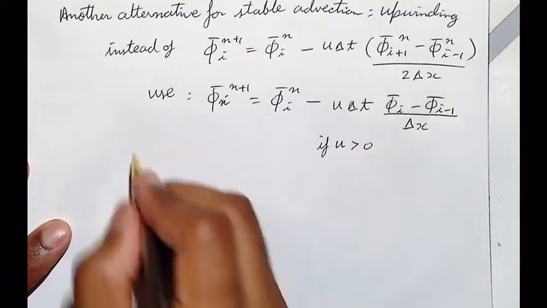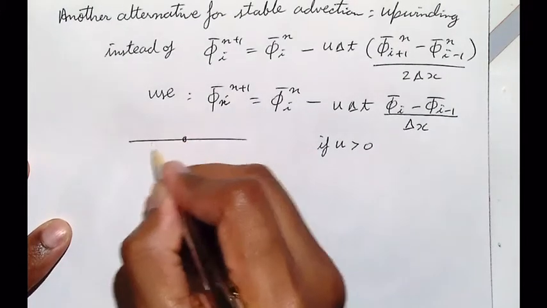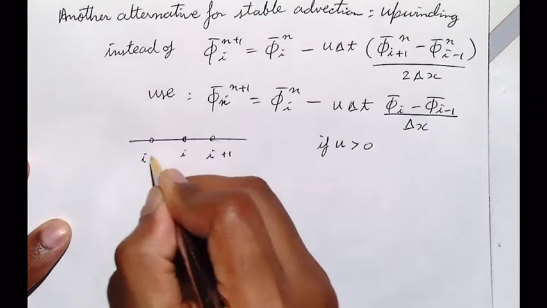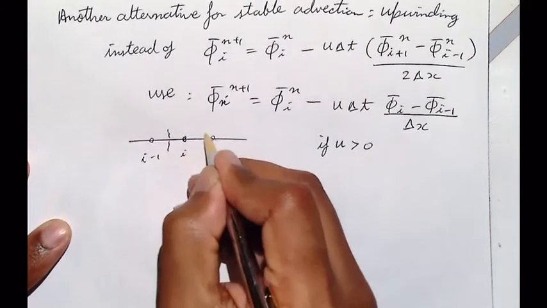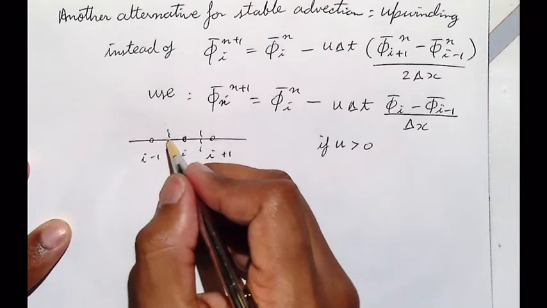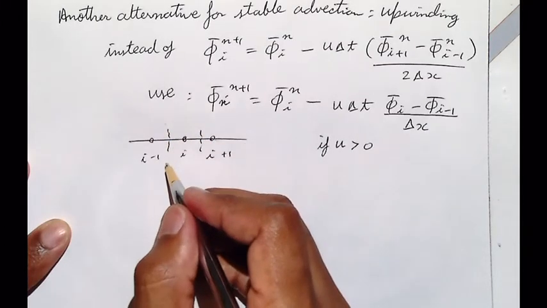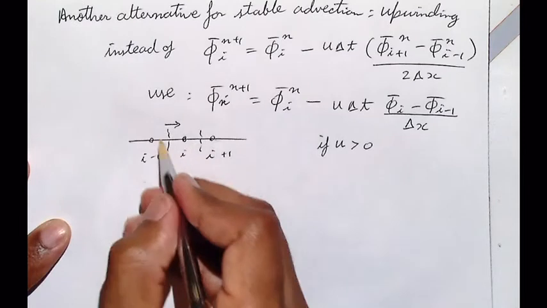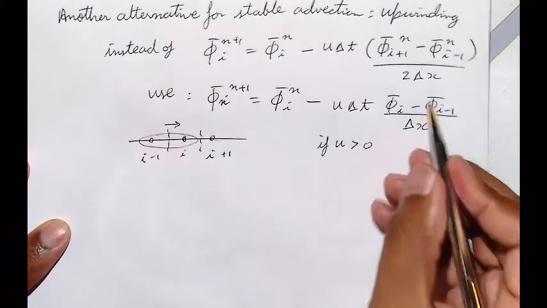Right, that makes sense, because we're looking at I minus 1, I. So if U is positive, you use these two, and that goes there.